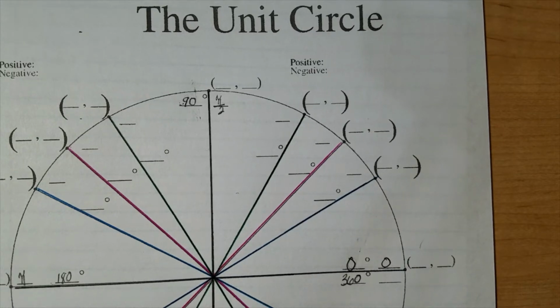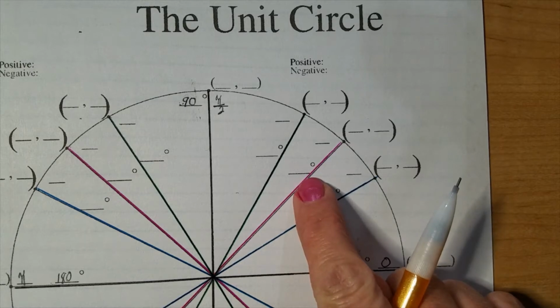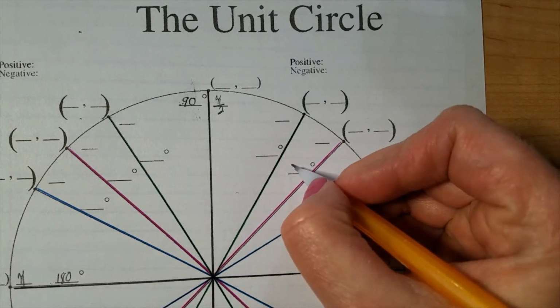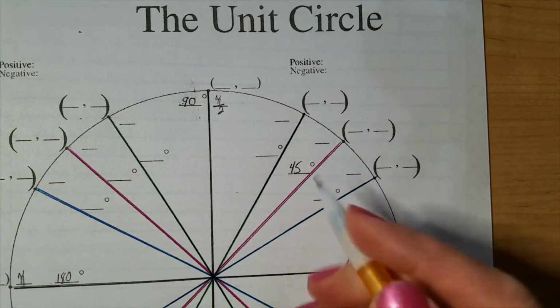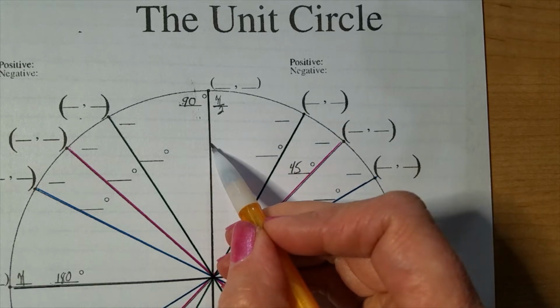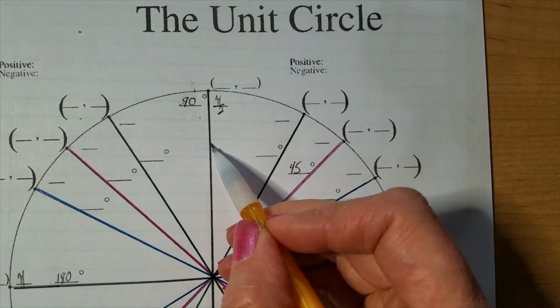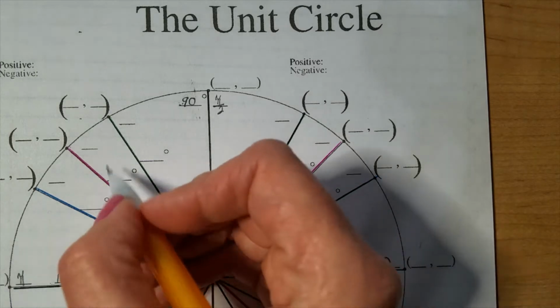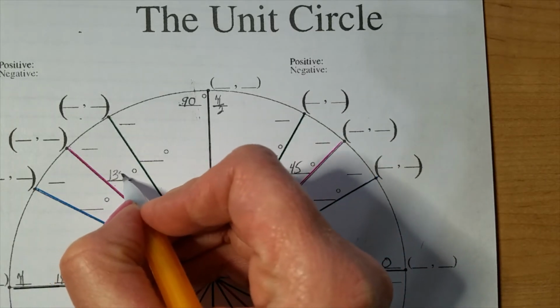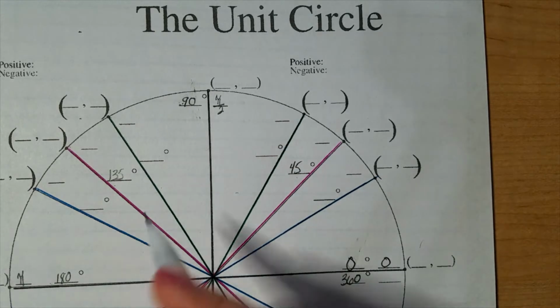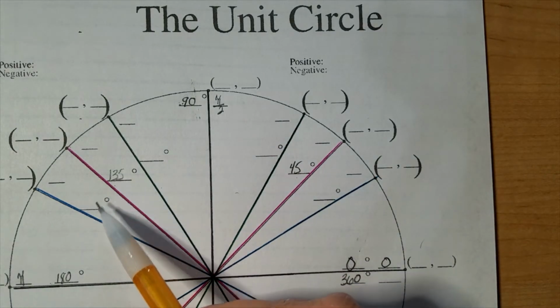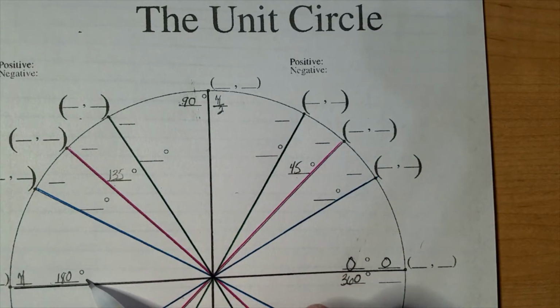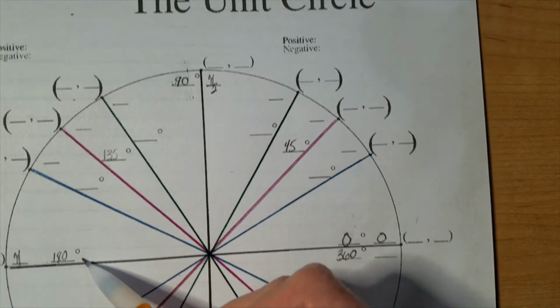Let's tackle 45 degrees. Here's 45 degrees. If I add another 45 degrees, that brings me to 90 degrees. Add 45 degrees to 90 degrees, we are at 135 degrees. Add another 45 degrees, that brings us to 180 degrees.